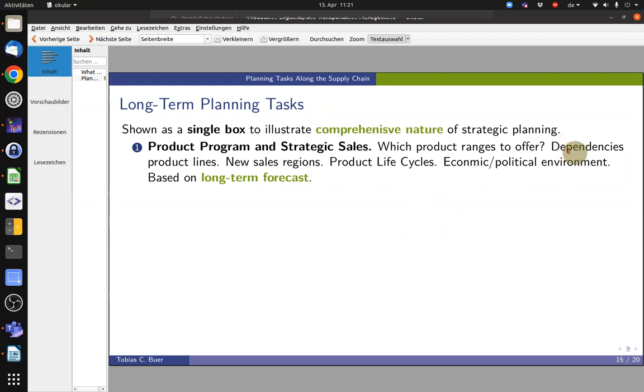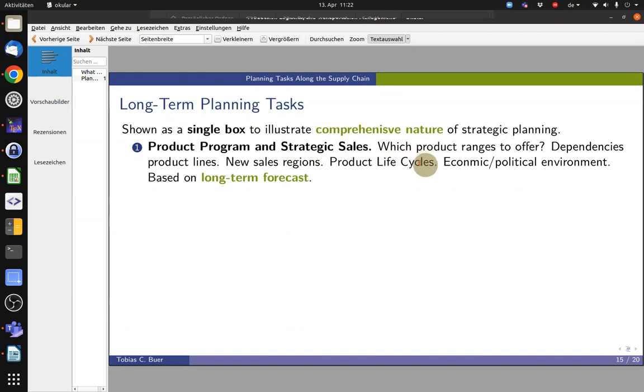We will here discuss dependencies between the different product lines, and we will discuss something like sales regions. Sales regions could be, maybe now we are only selling our products in Oman. So if we add a new sales region, it might be that we now sell our products to the Asian market or other GCC countries or to the United States when it comes to these sales regions.